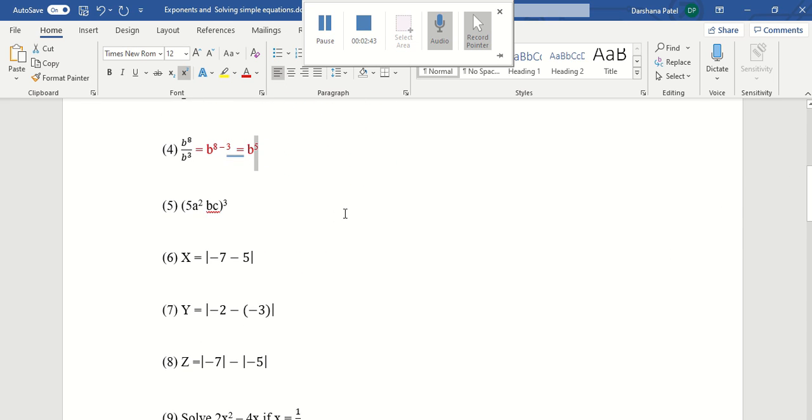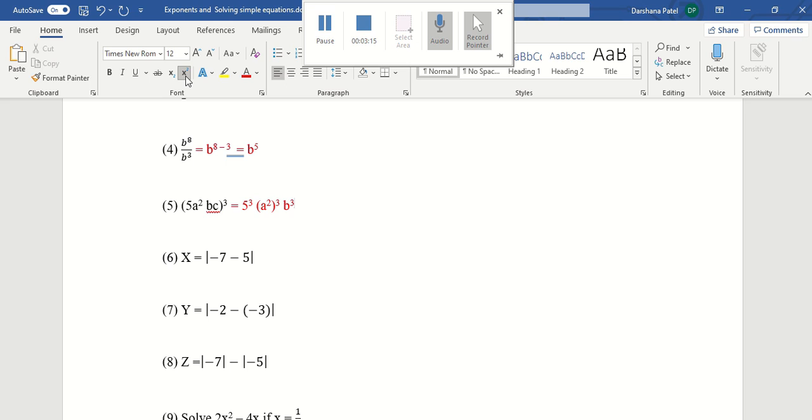For the next one now, applying the exponent rule again, the cube will apply to everything in the bracket. So we will have 5 cubed, a squared cubed, which is a to the power of 2 and then cubed, b cubed and c cubed.